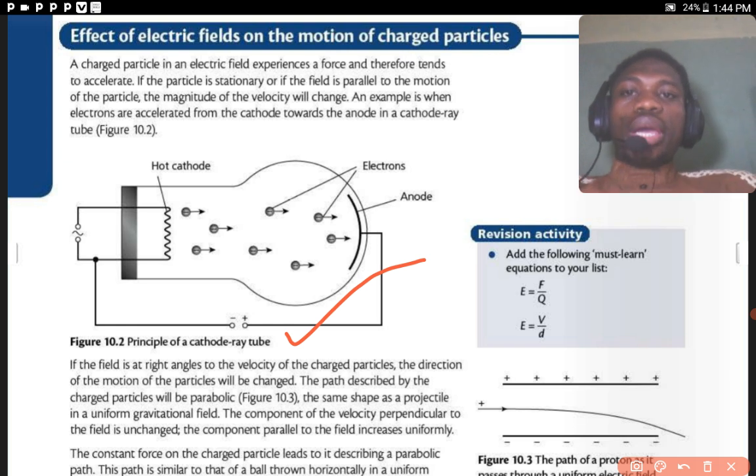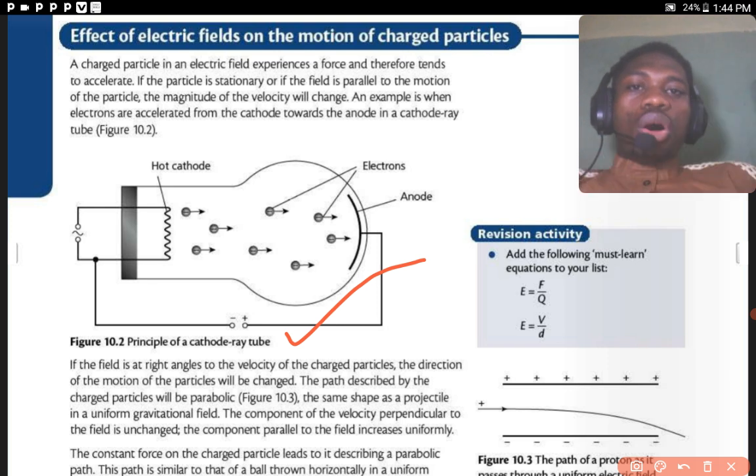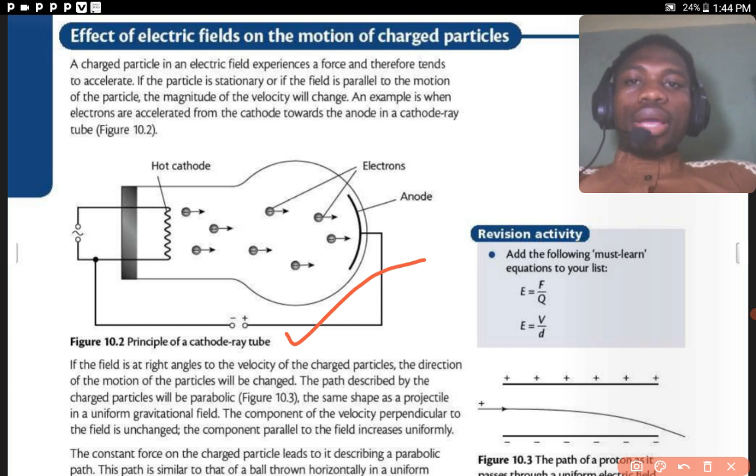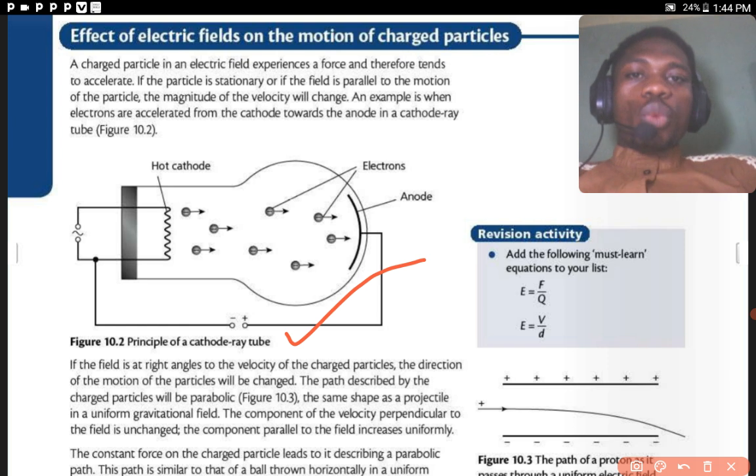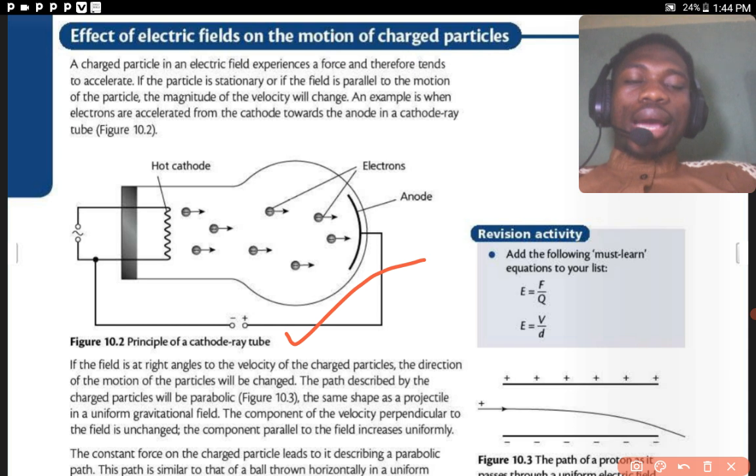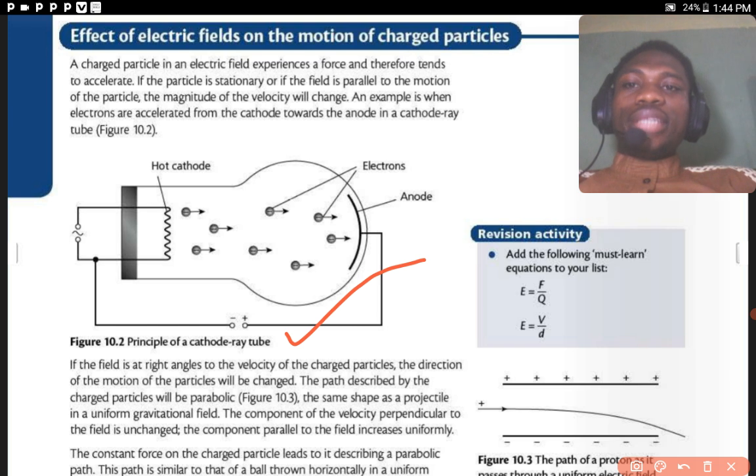If the particle is stationary, or if the field is parallel to the motion of the particle, the magnitude of the velocity will change.